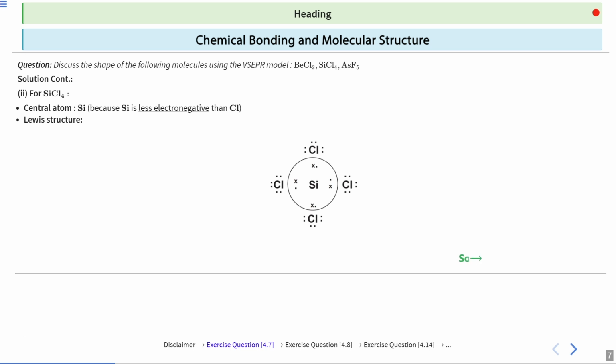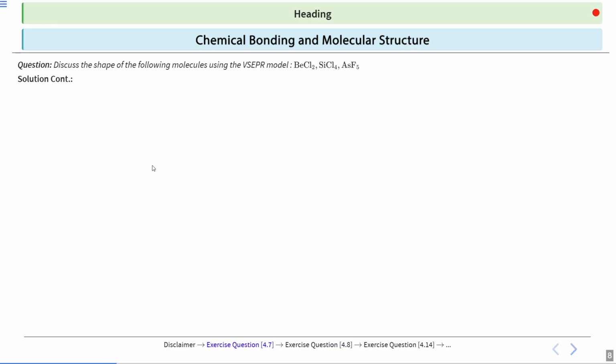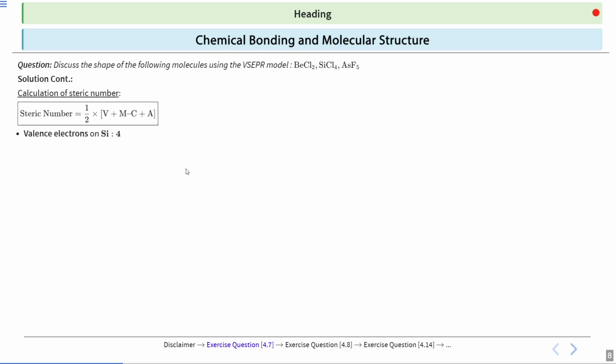Now moving on to the next part of the solution. We have the calculation of steric number. This is the formula: half of valence electrons plus monovalent atoms minus cationic plus anionic charge. The number of valence electrons of silicon is 4. We know it belongs to the carbon family, so it will have 4 valence electrons in the valence shell.